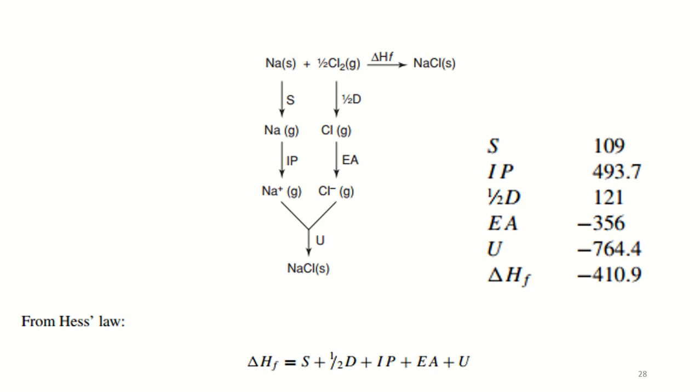Summation of the first 5 terms gives a calculated value of delta H formation equal to minus 398.7 kilojoule per mole, which compares reasonably well with the measured delta heat of formation value of minus 410 kilojoule per mole. So if only 5 of the terms are known, the 6th may be evaluated using this equation.